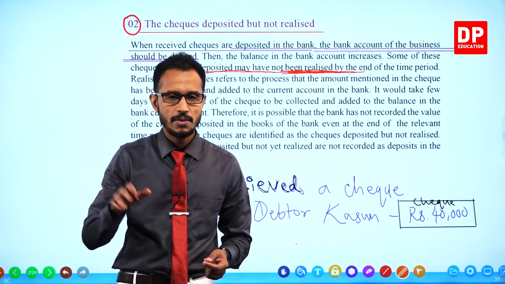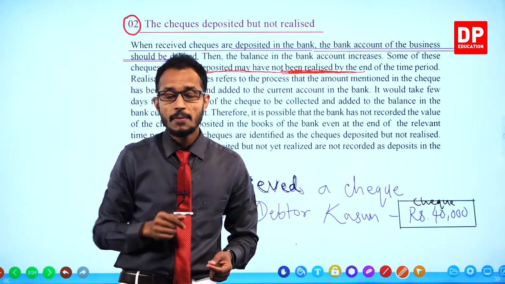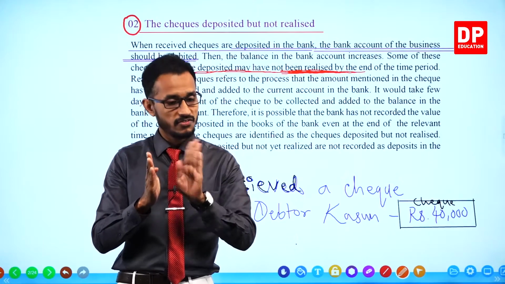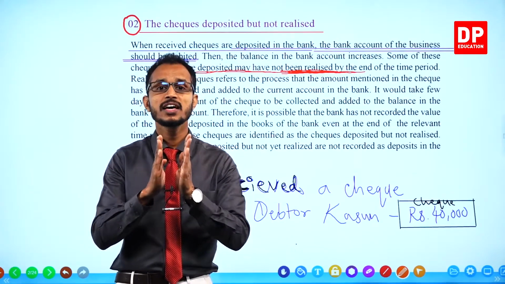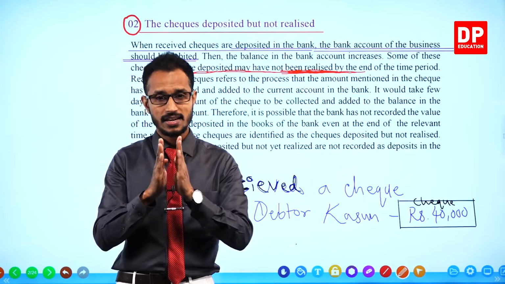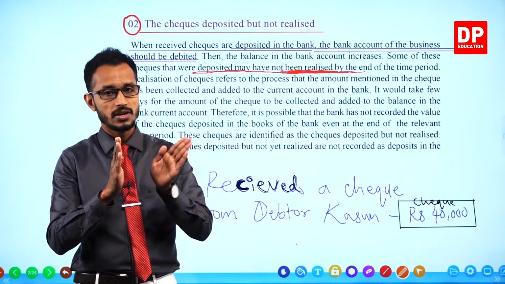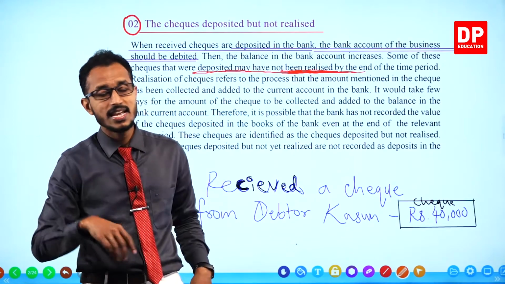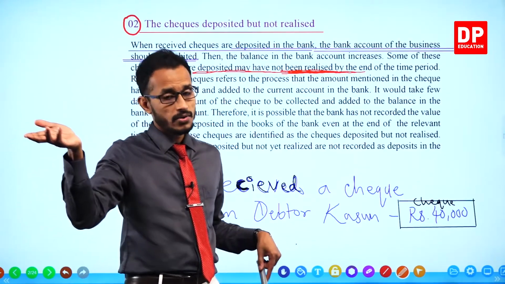Very simply I'm explaining. When that happens, children, even though we have debited this amount to our account, it has actually not been realized. It has actually not been added to our account.